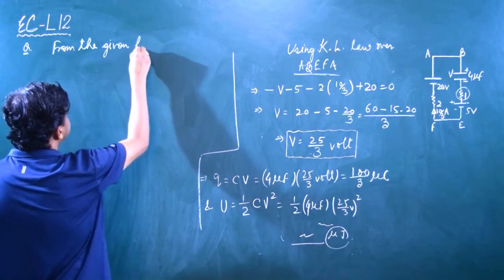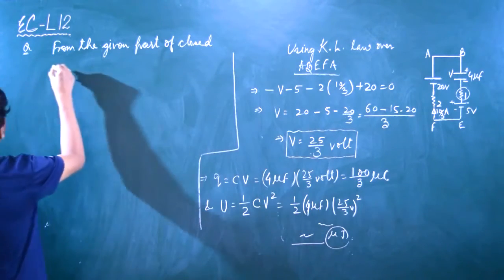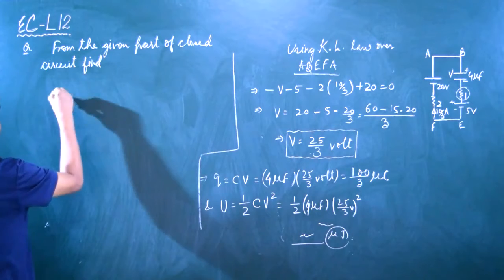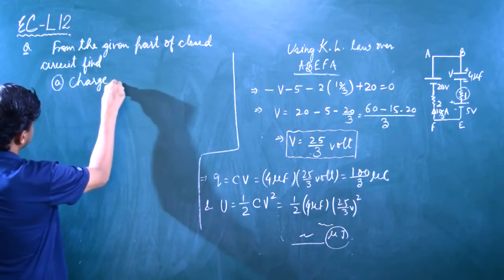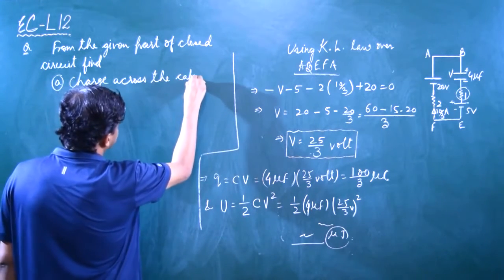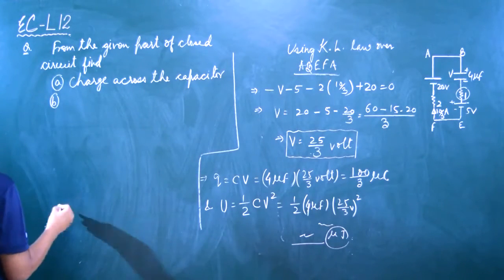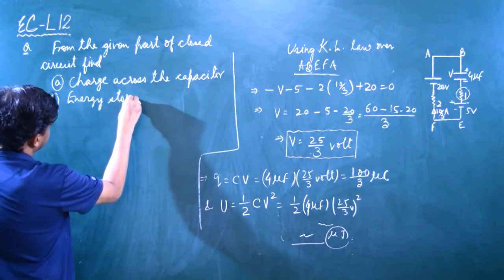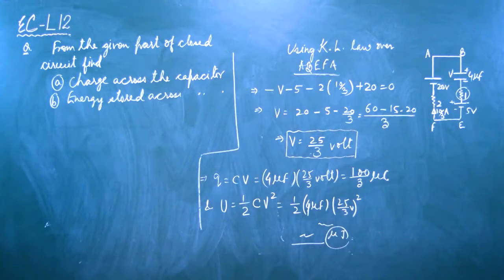From the given part of closed circuit, find first part, charge across the capacitor, and second part, energy stored across the capacitor. These results we have to get from the part.